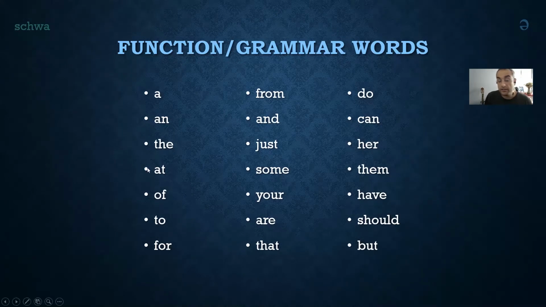So at becomes it. Of becomes of, sometimes just like, are you tired? Kinda, right? We don't say kind of, we just say kinda. We don't say to, we just say to.